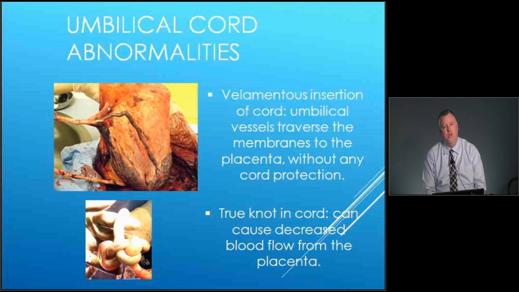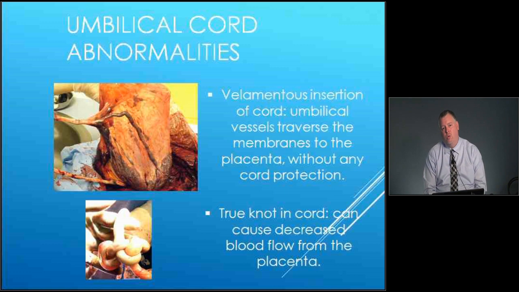And of course, the danger there would be if her membranes rupture anywhere close to that very large vessel, that's likely to cause the vessel to rupture, and then the fetus can quickly exsanguinate and die from that situation.